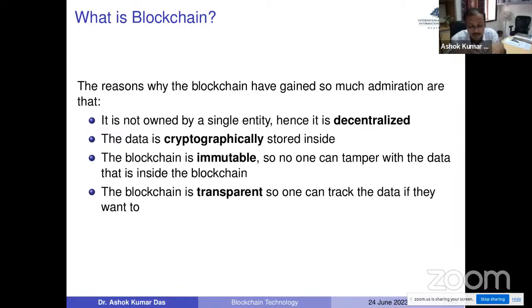Therefore, an attacker cannot tamper with the data inside the blockchain, because if the data is tampered with, the hash of the block needs to be changed as well, which is an impossible task when the blockchain length is large.